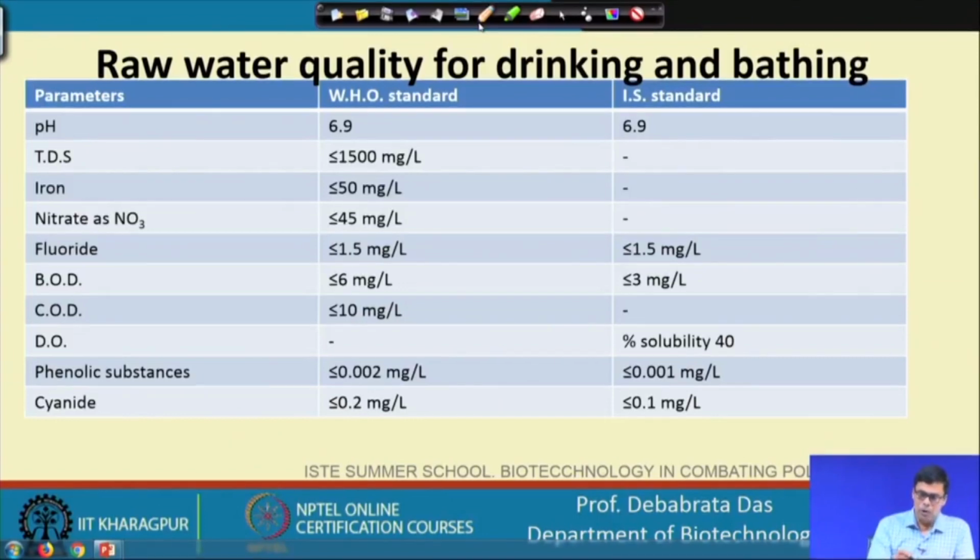Now, if you look at the raw water quality, that is very important, as it is determined by the WHO. In day-to-day life we take the raw water, and we should know what should be the quality of the drinking water.